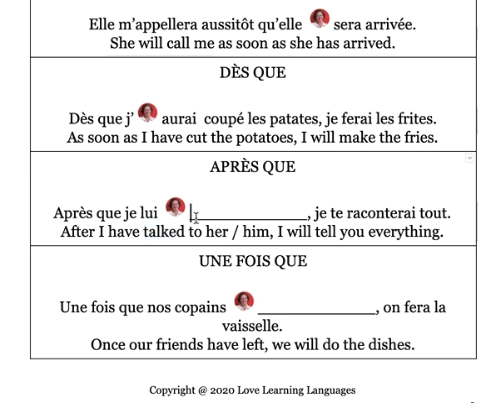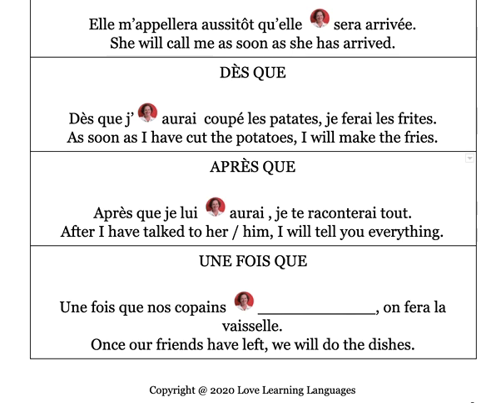Donc, après que je lui aurai parlé, je te raconterai tout. Again, I'm using lui there because parler is one of those verbs that's followed by à plus a person, which indicates an indirect object. So we need lui, an indirect object pronoun.